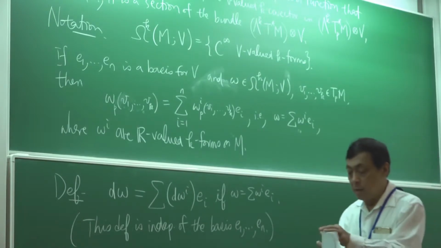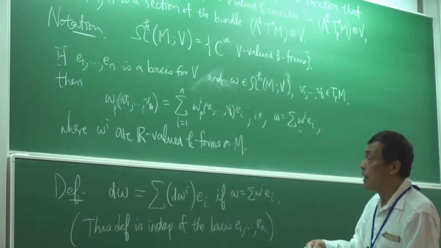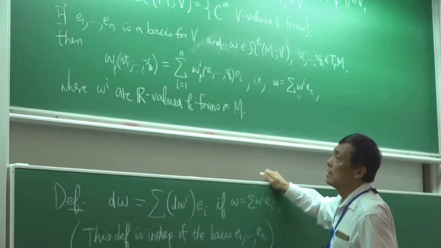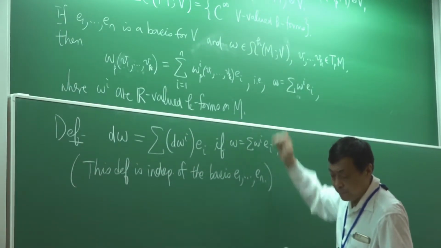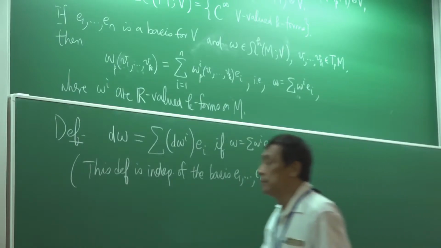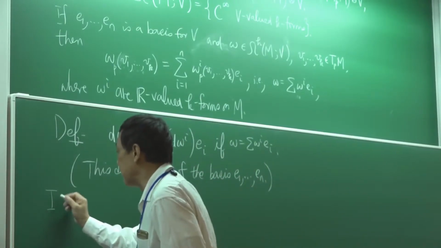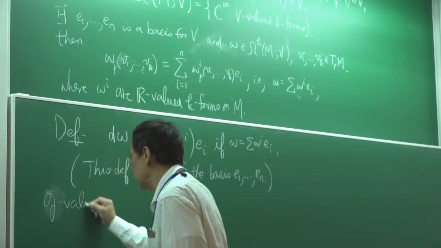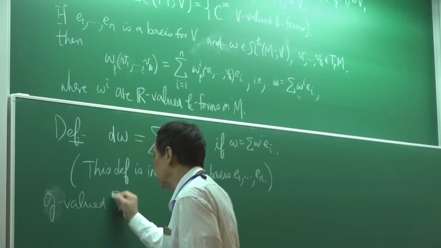Now, if V is a Lie algebra, then we can define a bracket. So let's look at G-valued forms.